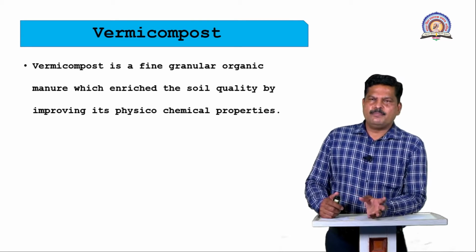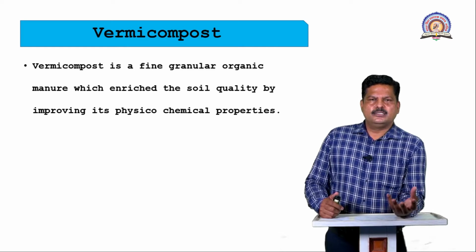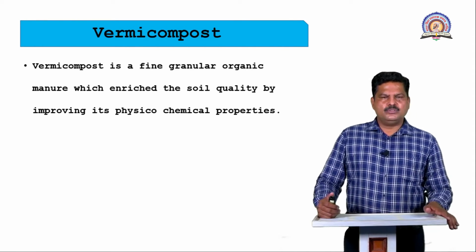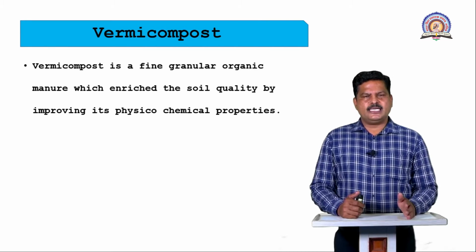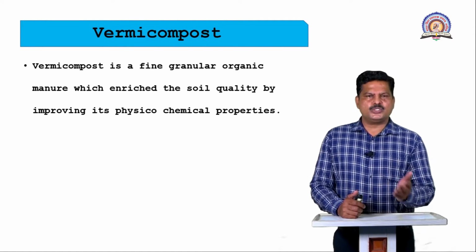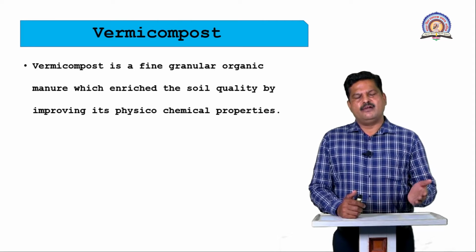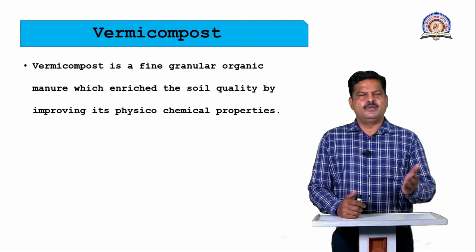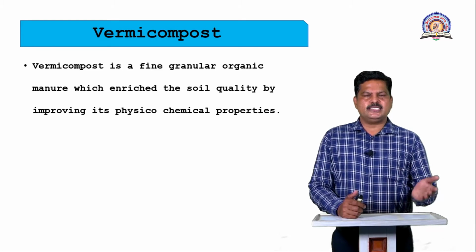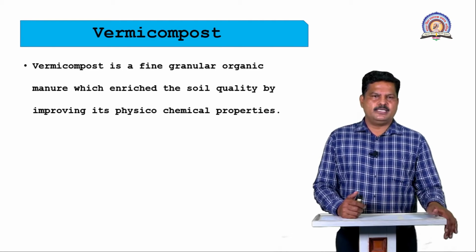It is nothing but the excreta of worms ejected by earthworm. Due to the burrowing habit, the decomposed material present in the soil is consumed by earthworm, and by the action of digestive enzymes in the body, that material gets converted into vermicompost.